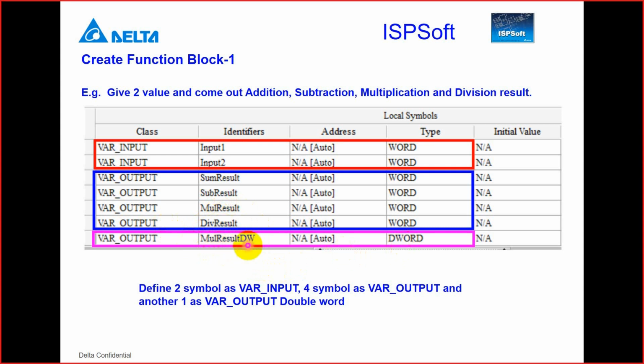Because as you know, normally we use word A multiply word B, then we will get double word data, correct? But here we can use some command to limit the data size. So here we define two symbols as input, then another four outputs with word format, and another output with a double word format.